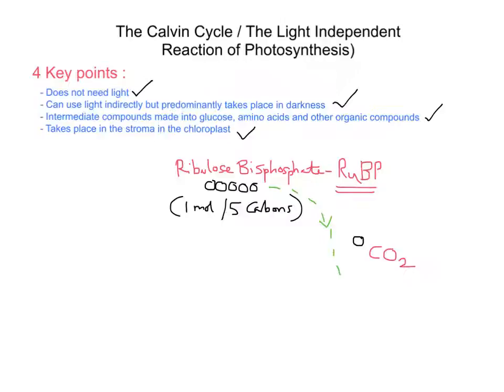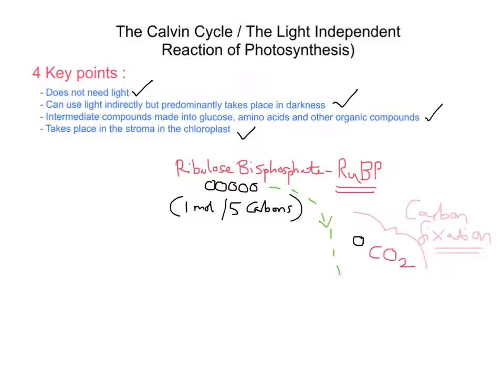Now what we have is carbon dioxide entering the chloroplast by diffusion, and it passes into the stroma. And this whole stage, this whole portion that I'm referring to now, is known as carbon fixation. We're fixing that carbon essentially. So this is all called carbon fixation.